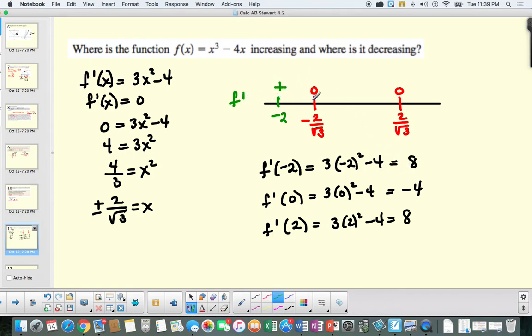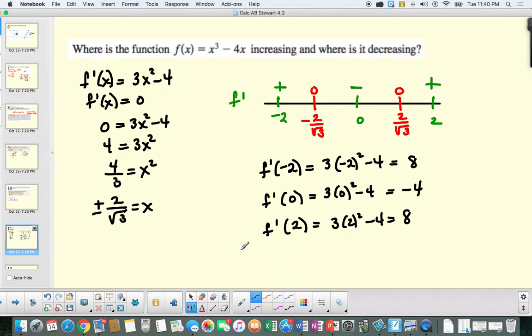Now I know everything here is positive, because if it wasn't positive, I would have gone through a 0, and I've already found all my zeros on my derivative. I'm going to check out 0, which is somewhere in between, and I see it's negative. Negative derivative means that it is decreasing, so I put a minus sign. Then I check out 2, and notice I got a positive right here. So now I know where it's positive, negative, and positive, and now I can make my conclusion.